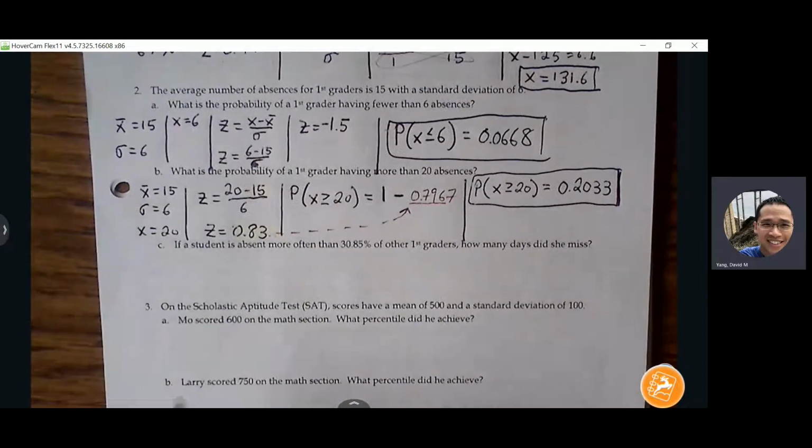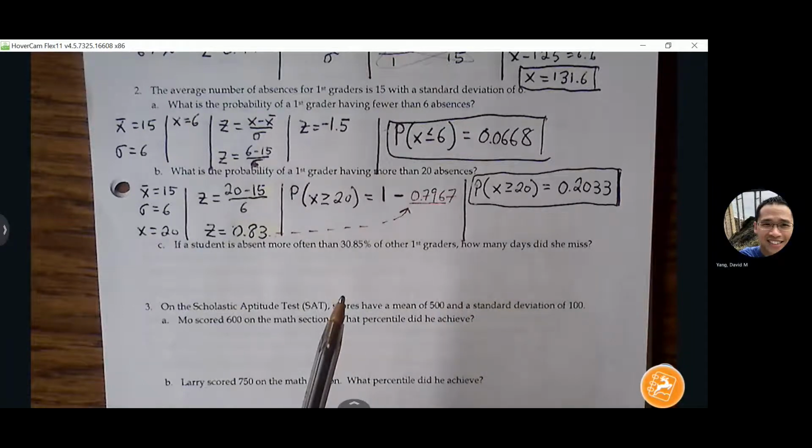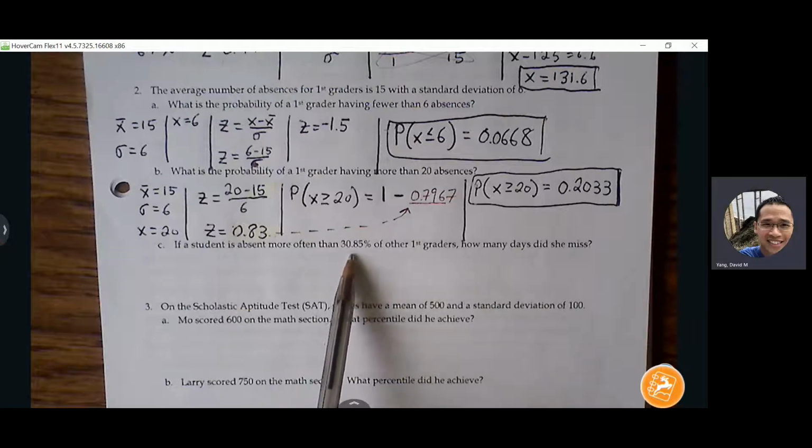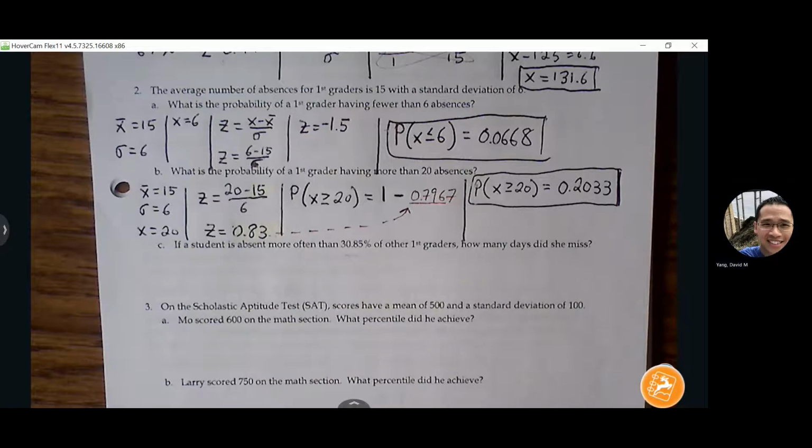Okay, part C. If a student is absent more often than 30.85% of other first graders, how many days did she miss? Okay, so we can look for that 30.85% on our table there.